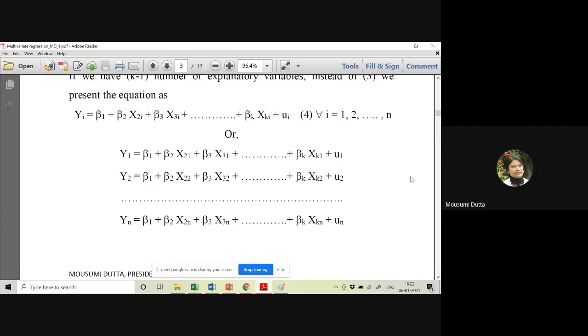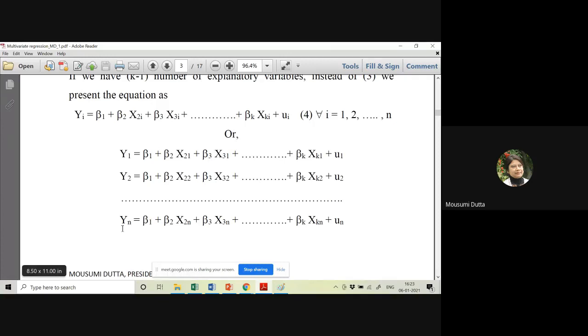So if we look at the structure, or at this complete extension, we find that on the left-hand side we have a vector. We have the y vector of order n by 1. There will be n number of rows and a single column. So y is a vector having n rows and a single column.